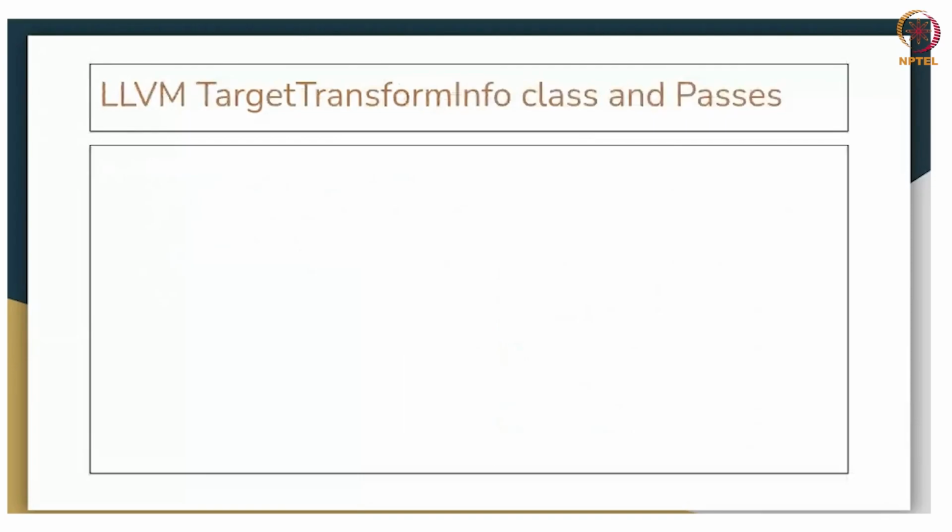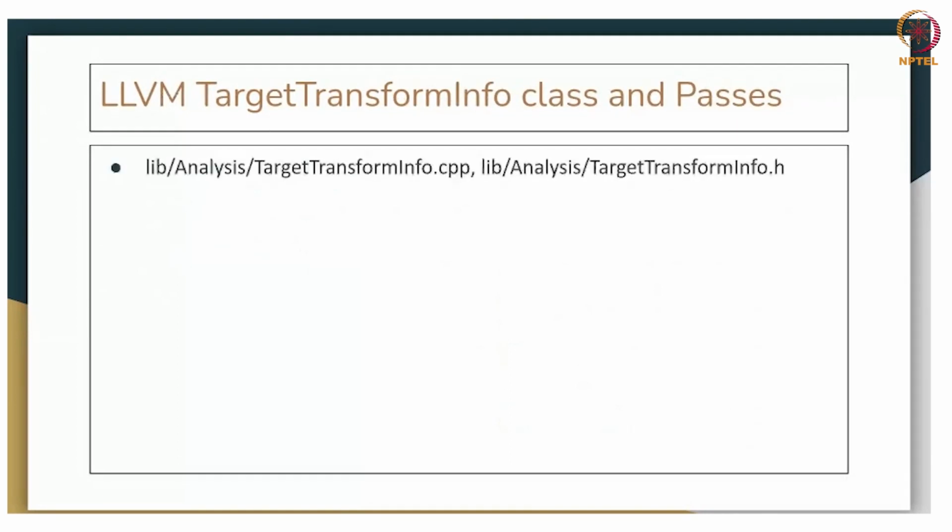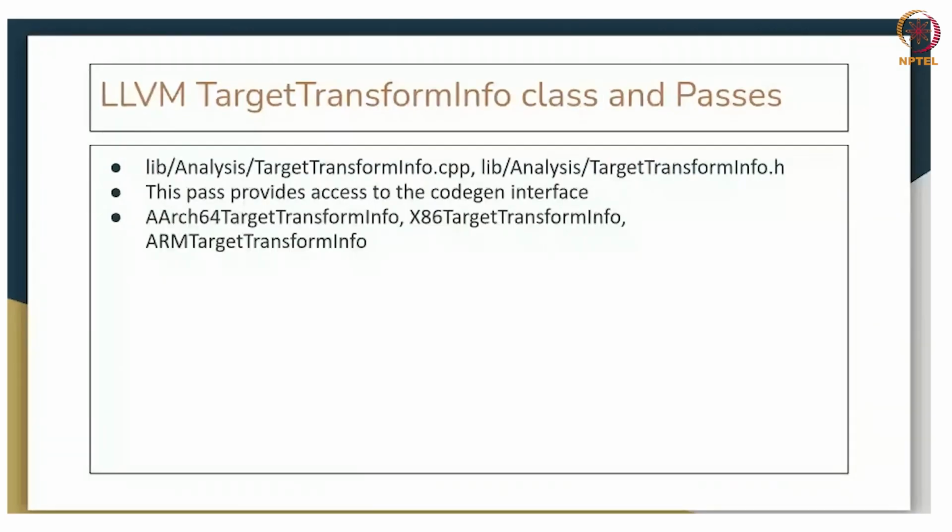So LLVM provides a TargetTransformInfo class and passes. This can be found in lib/Analysis/TargetTransformInfo.cpp in the LLVM source folder. It provides access to the cost interface. There will be different instantiations of these passes for AArch64, x86 and ARM targets; for different targets, there will be different implementations.